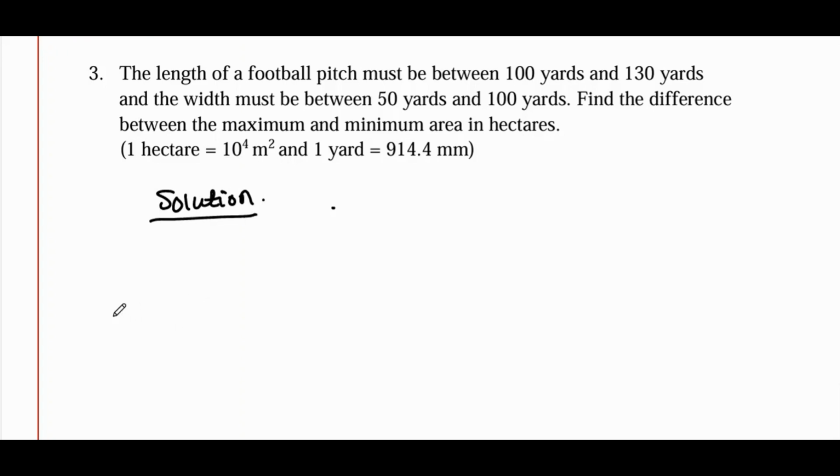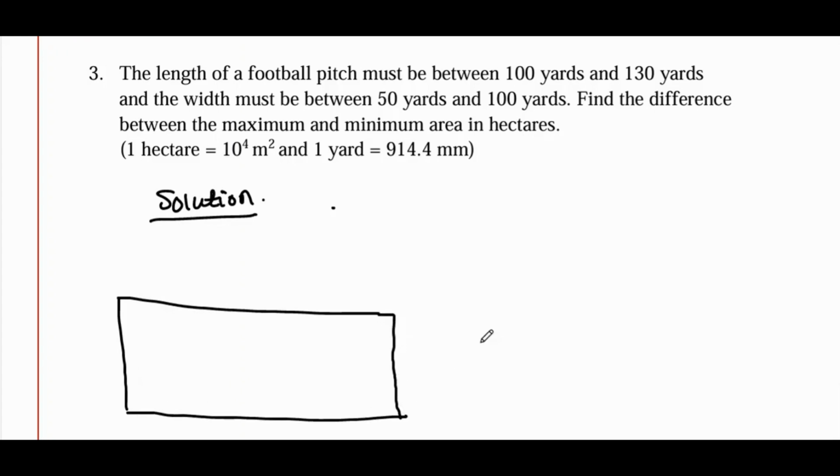I start by sketching. We have the larger pitch, and then there is the smaller pitch, which is smaller in width, and also the length is relatively smaller compared to the larger one.